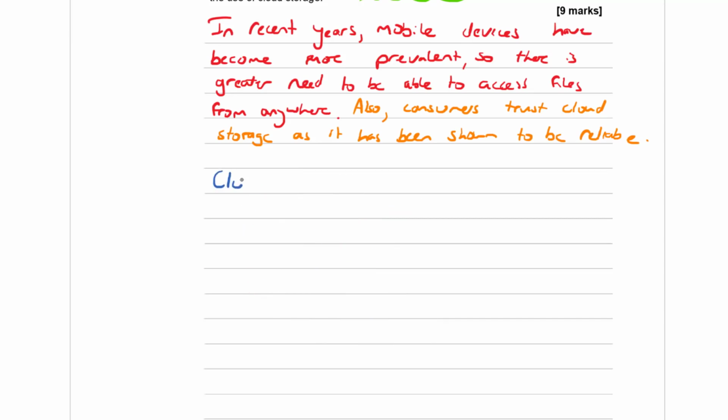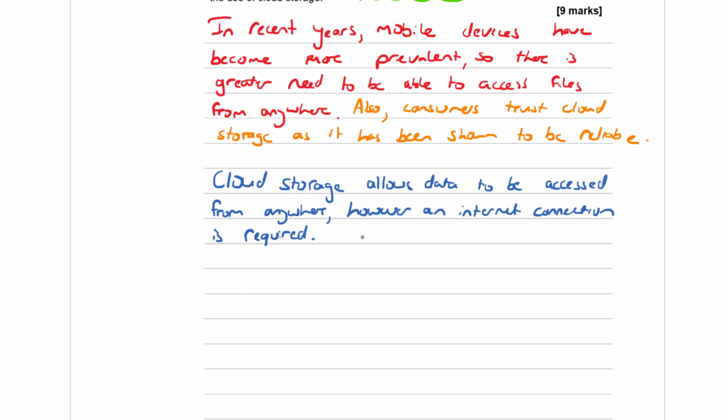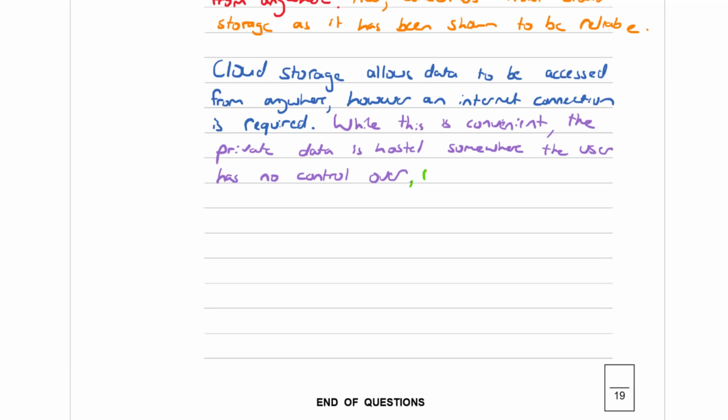Okay, so cloud storage allows data to be accessed from anywhere. We haven't really said why that's a good thing. So we could say while this is convenient, the private data is hosted somewhere the user has no control over. So we could say, for example, in a country without appropriate data protection laws.